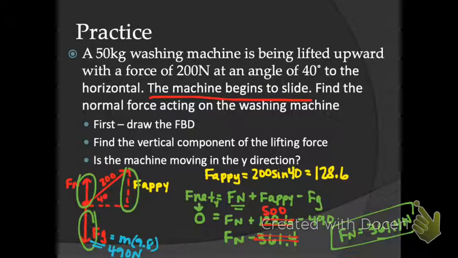So if your normal force does come out negative, that's a clue that you've got a greater applied force than gravity, and so now your object's no longer on the table, which means you just don't have a normal force. Right? That's how you would answer that. Don't have a normal force. But if it came out positive, we want normal force to come out positive because it's pointing upward. Right? So this is good.